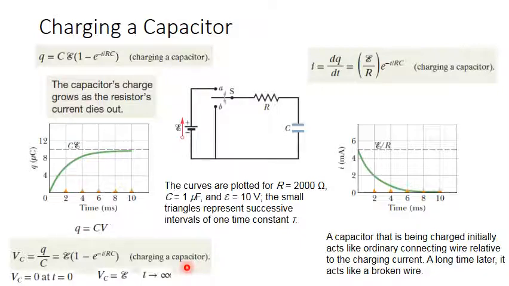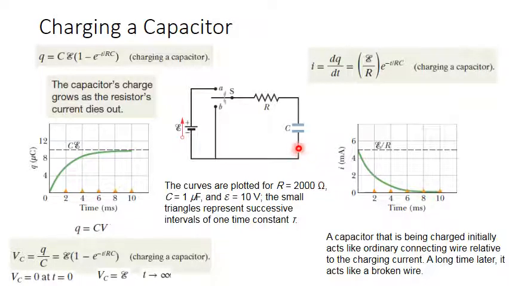So effectively, a capacitor that is being charged initially acts as an ordinary connecting wire. At the starting point, it represents just a simple wire relative to the charging current. A long time later, it acts as a broken wire or as an open circuit.